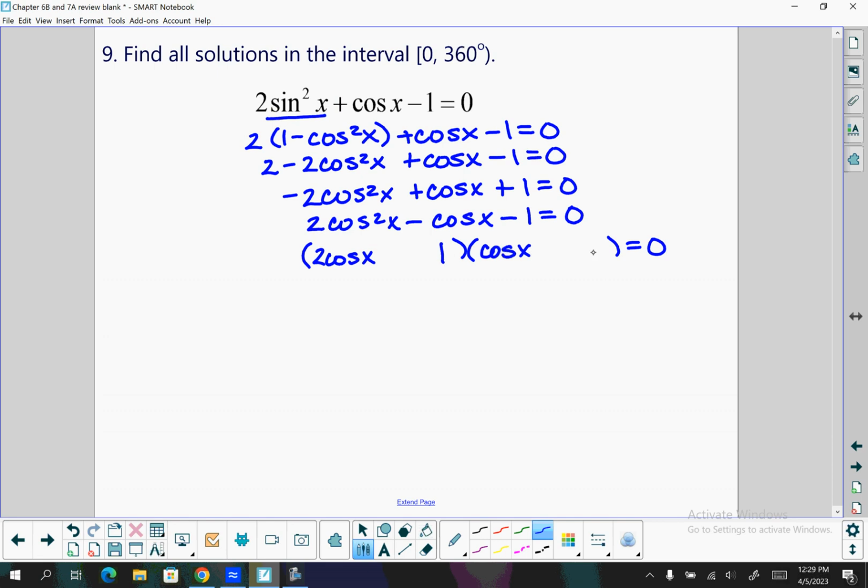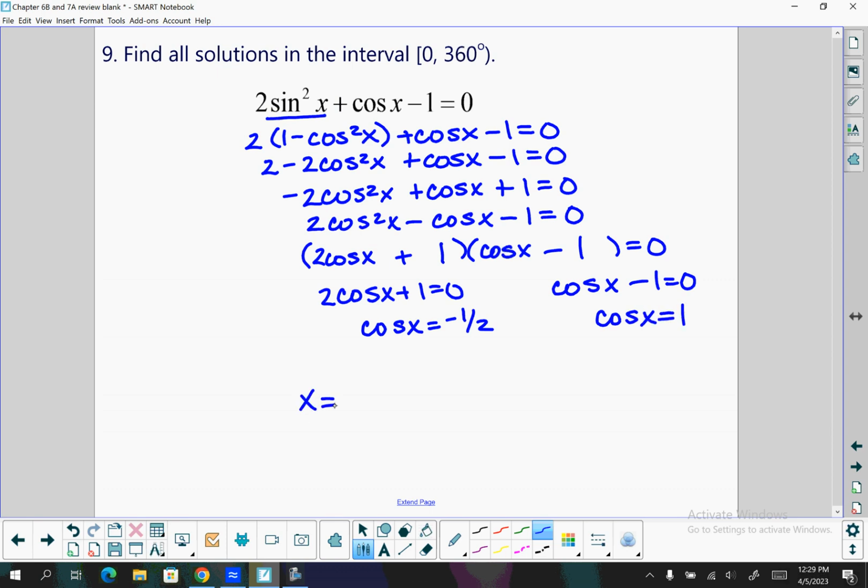Multiplies to negative 1, 1 and 1. Make the first term positive, the last one negative. My outside will be negative 2, my inside will be positive 1. I'm good. Set them equal to 0. Minus 1 equals 0. So cosine equals a negative 1/2, and cosine equals 1.